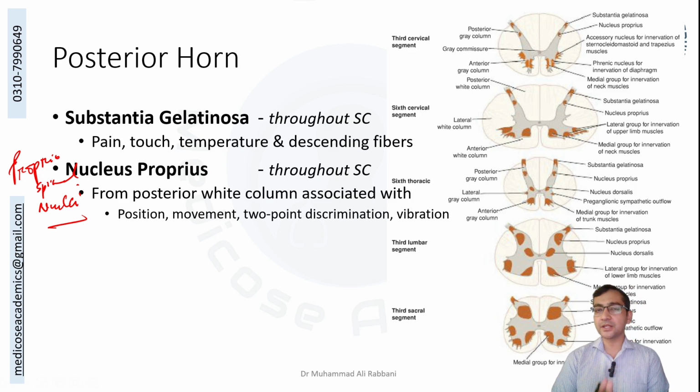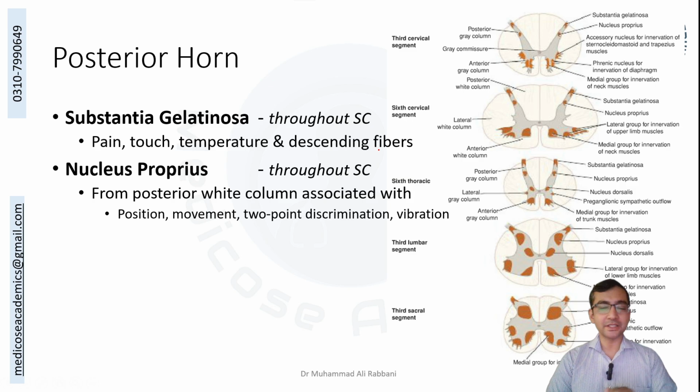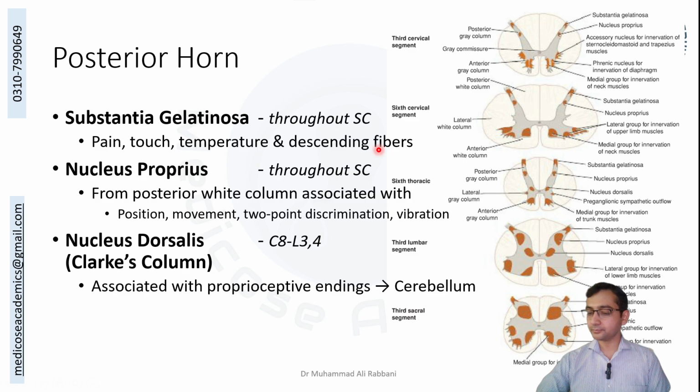So they are majorly responsible for mediation of intraspinal coordination. Please excuse my writing. So this is about the nucleus proprius that is present throughout the length of the spinal cord.